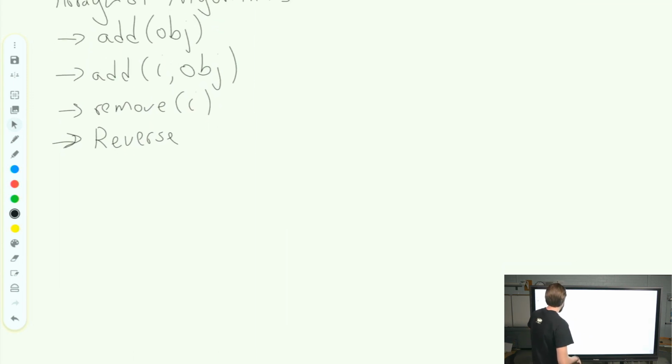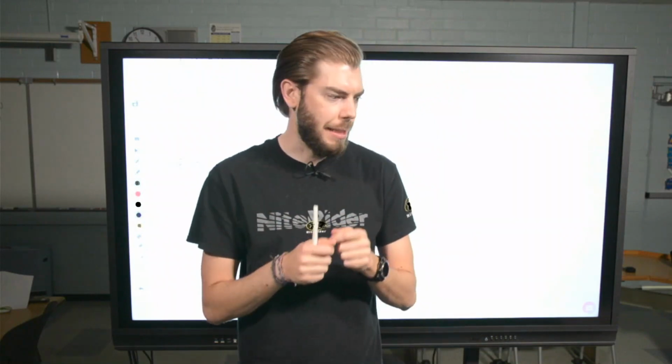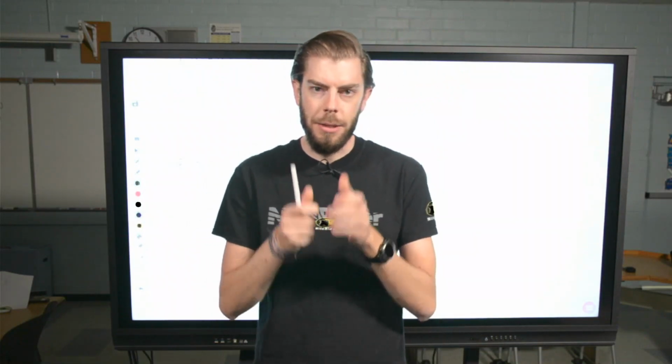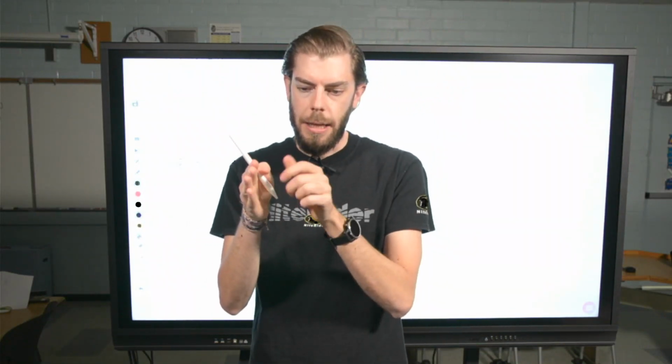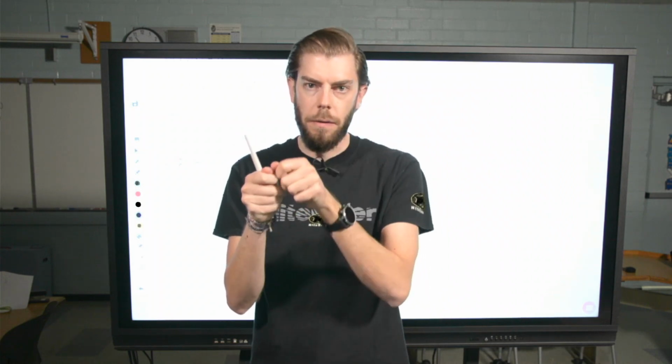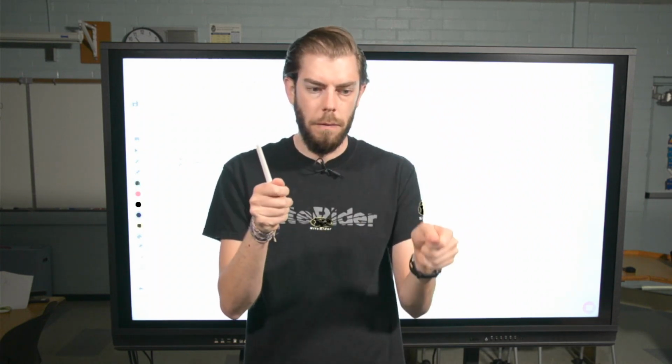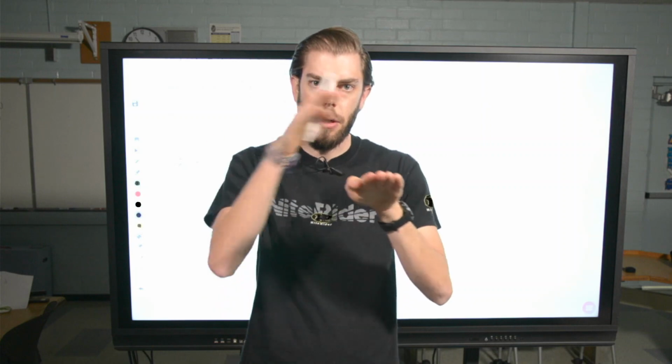Well, these add and remove methods within our array list give us a really useful tool. And a good way to think about array lists is working with a deck of cards. How would you reverse the order of a set of cards? The way that you might reverse the order of cards is you take a pile here and you simply move the pile over, placing one more over onto the next card on top.